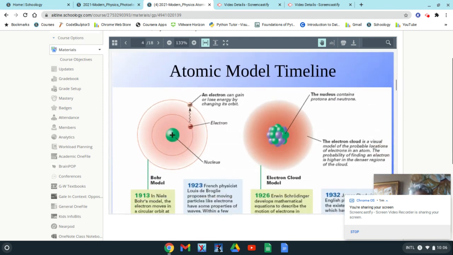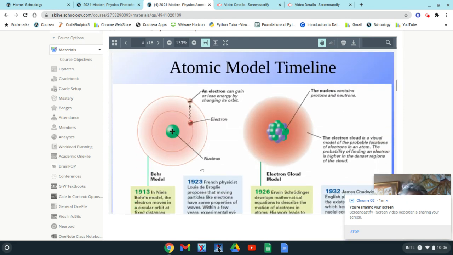So again, looking at the atomic timeline, it was later proposed that electrons could be in different energy levels, so they could be either on this orbit or that orbit. An electron in a higher orbit can lose energy and go to a lower orbit, or gain energy and jump to a higher orbit.